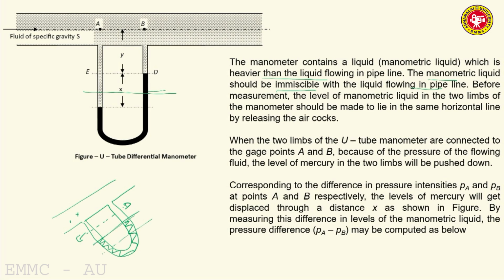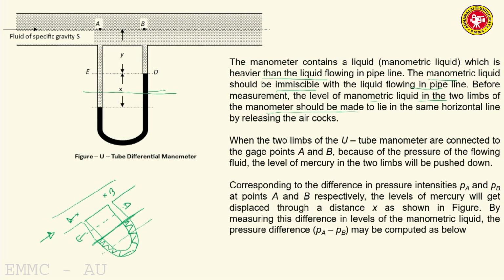This is A and this is B. Flow direction is from A to B. So before measurement, the level of manometric liquid in the two limbs of the manometer should be made to lie in the same horizontal line by releasing the air cocks.